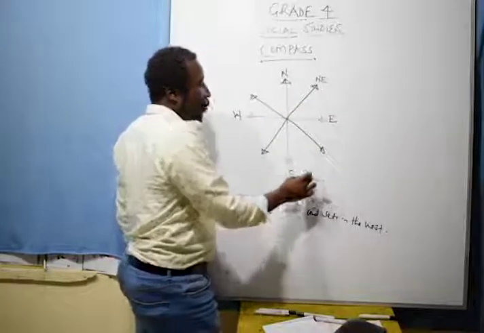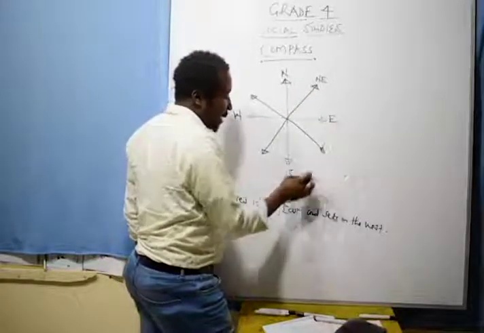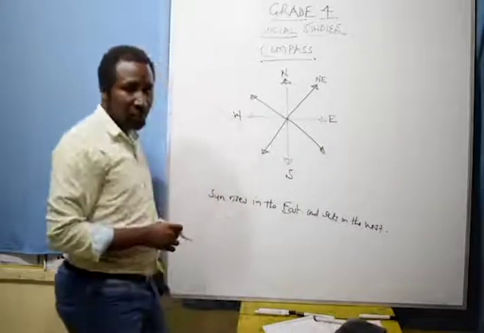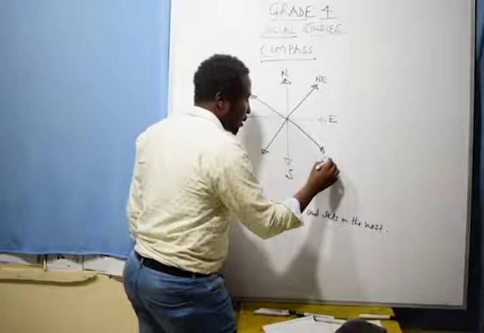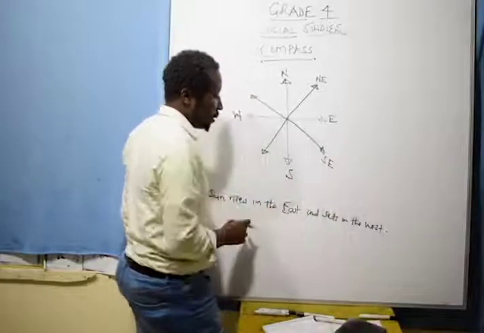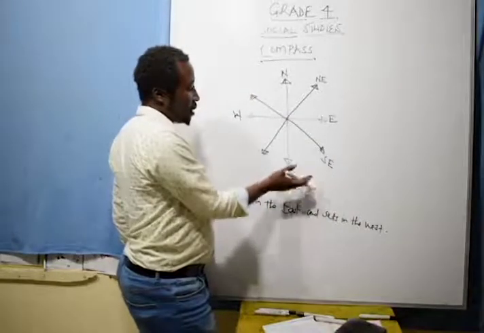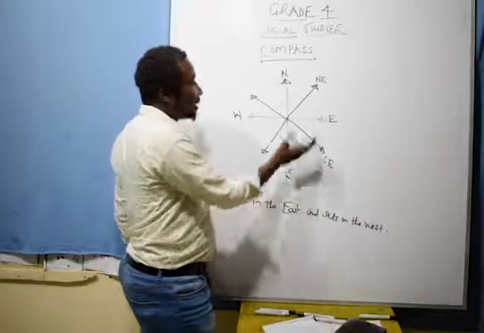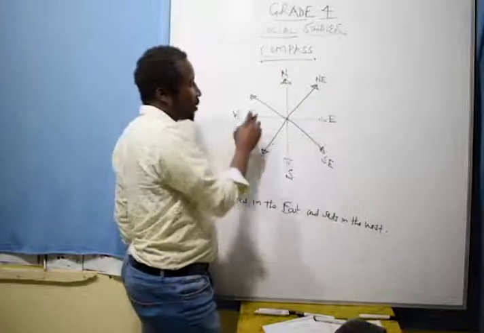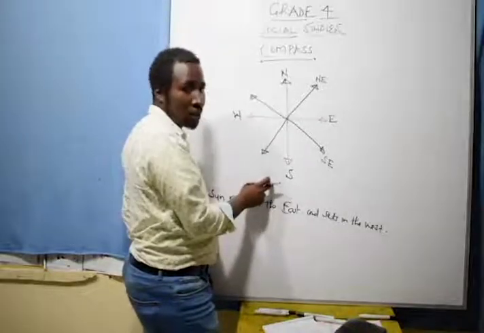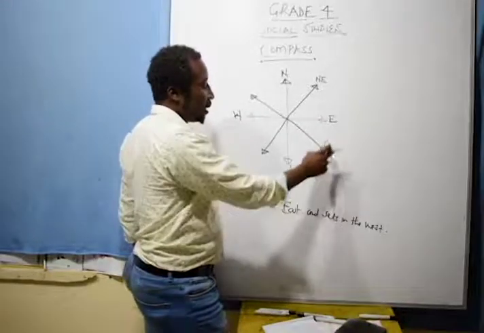Now, between south and east, what direction is this? We take it as southeast. Why? Because the direction is more on the south. It's either north or south. We don't start with east or west. We start with north or south. So our direction is south-east.